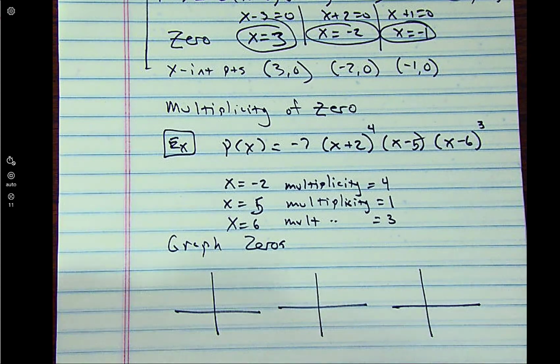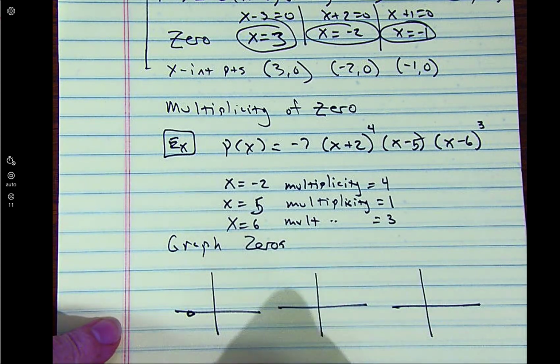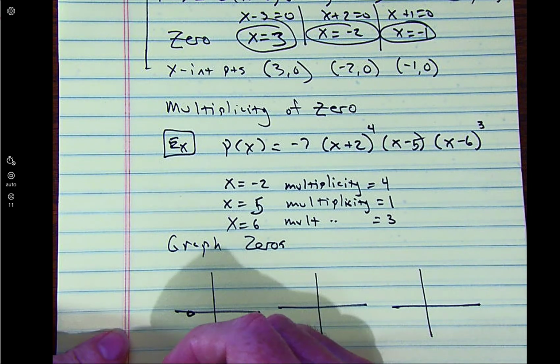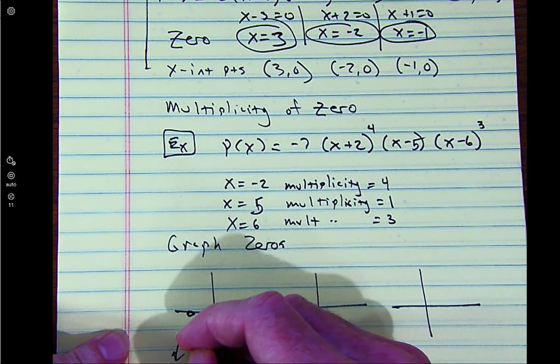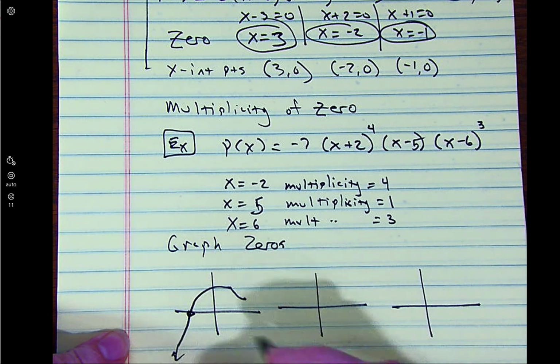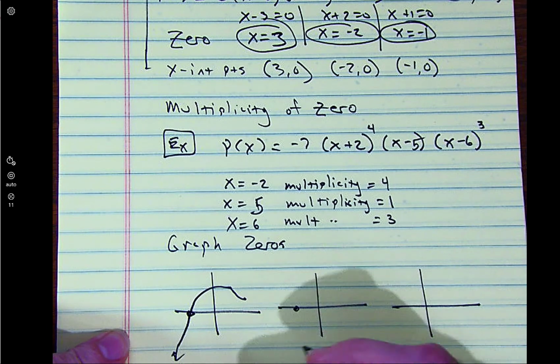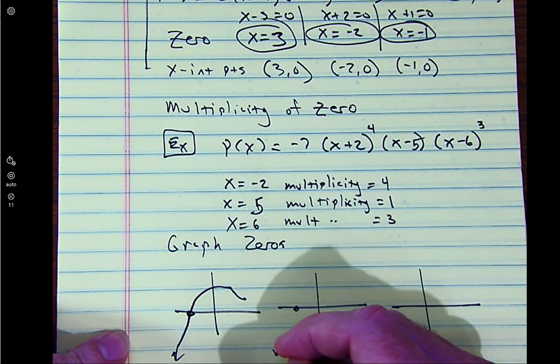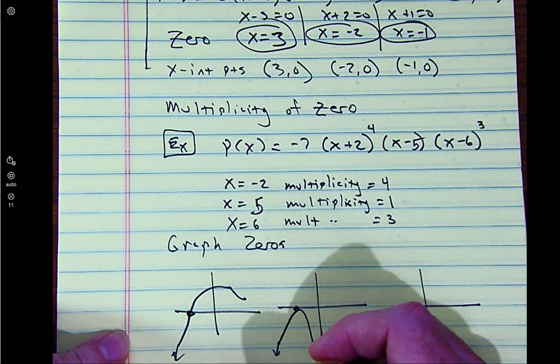If you have a 0 here, I'm just going to put a random graph, and the polynomial is graphing something like this. The tail comes down, it hits the 0, and it comes out. Versus this graph here, here's the tail, hits the 0, bounces and comes back down.